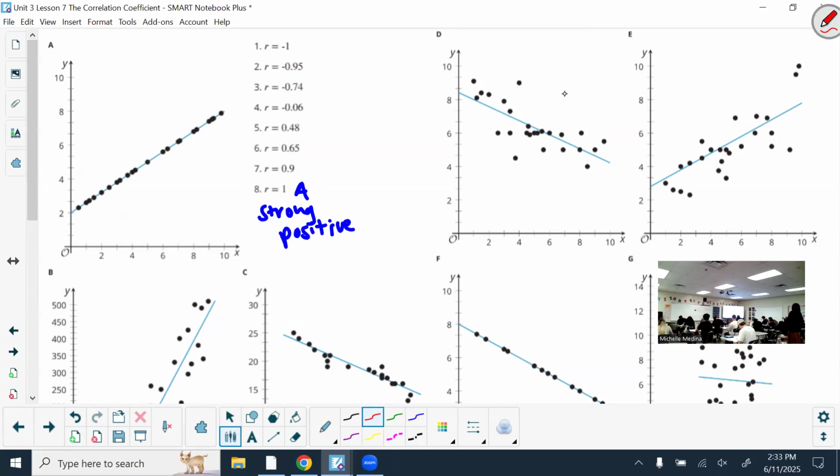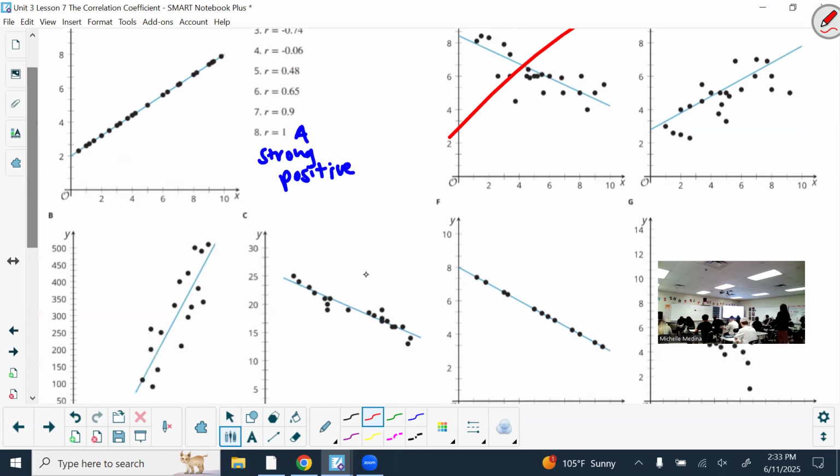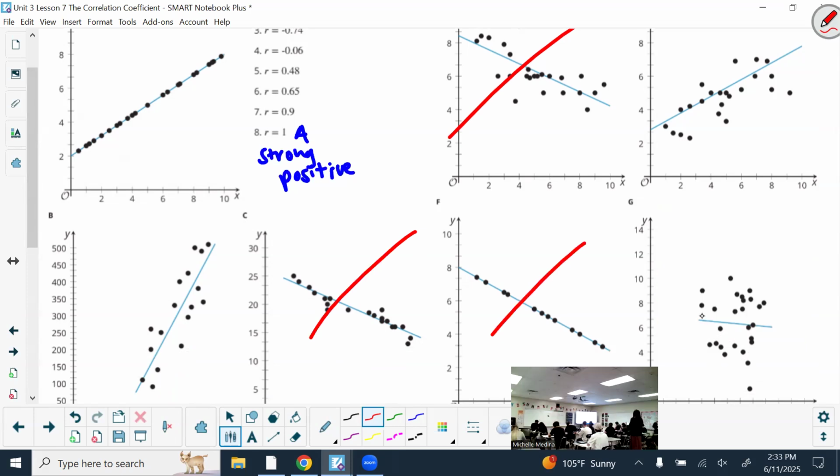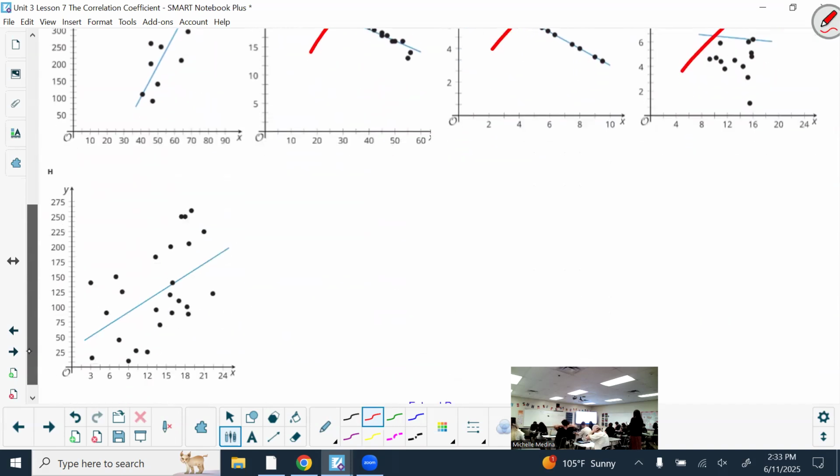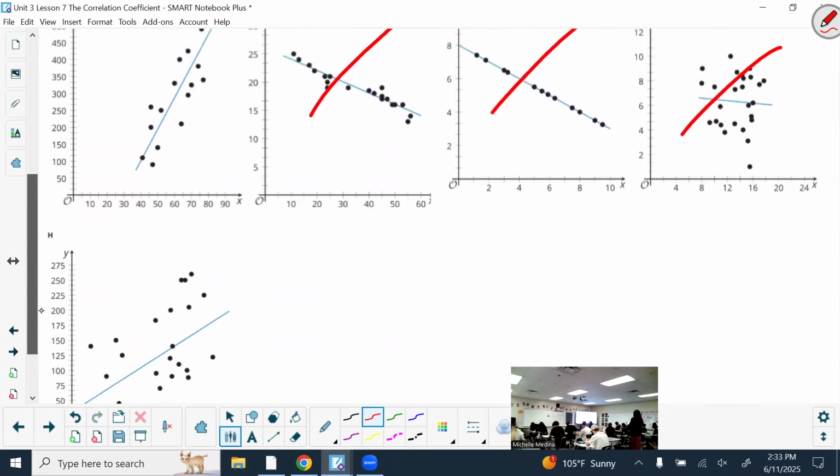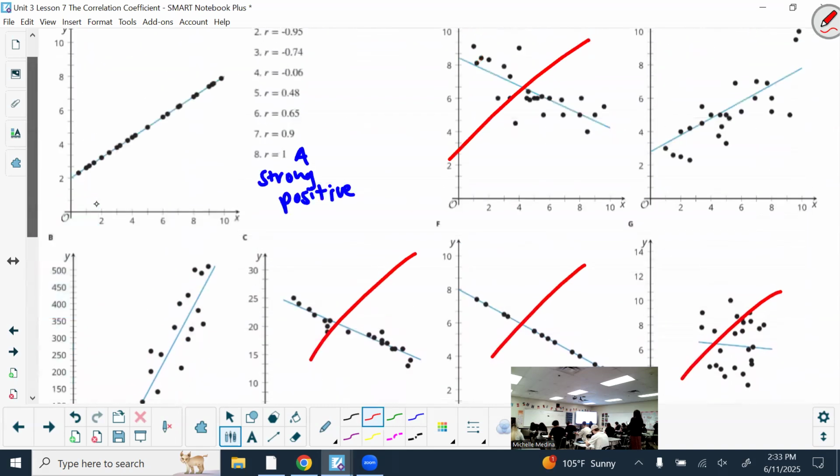I'm just showing you that one's negative, so it couldn't have an R value of 1. C is negative, F is negative. G, the line that's drawn would have a negative slope, although that one kind of looks like no correlation.